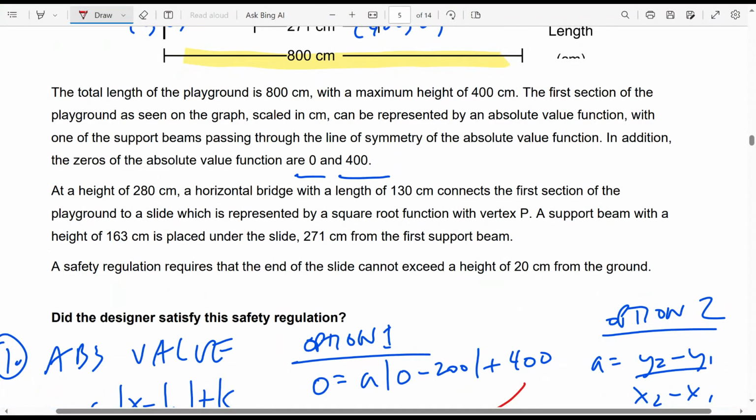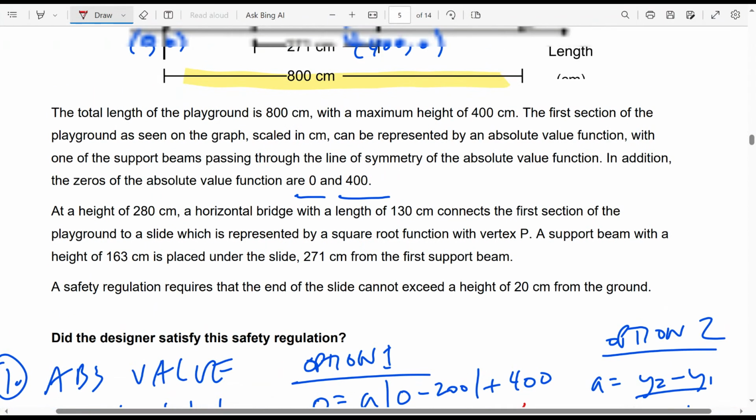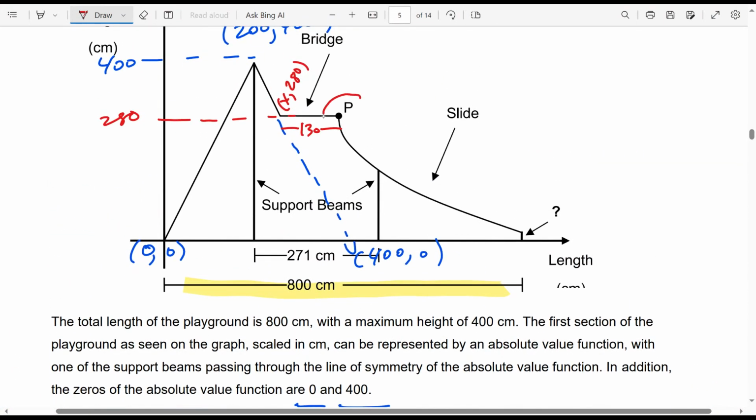So that 130 bridge connects to a playground that has a slide that is represented by a square root function with vertex P. So let's go up and see what it is. Oh, so that's saying at that handoff point, that's going to be my h, k for this square root function.